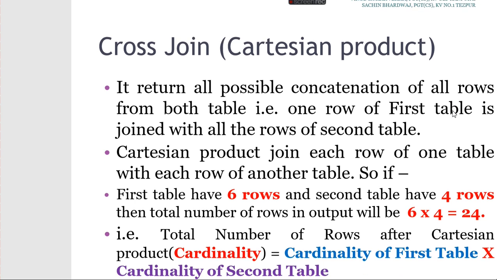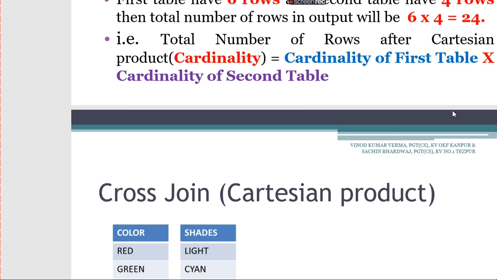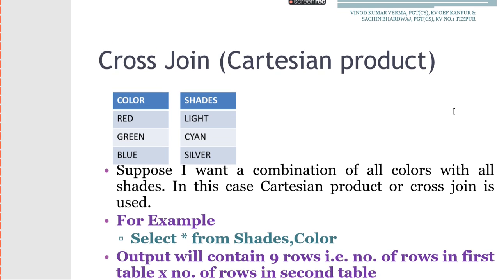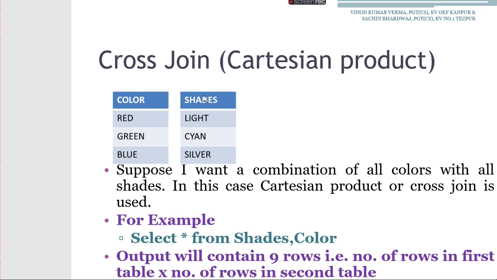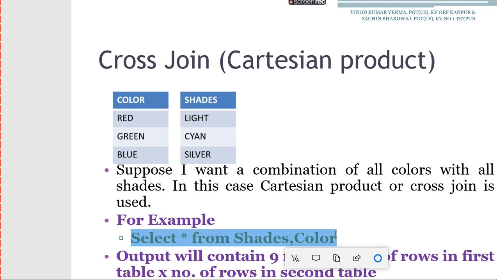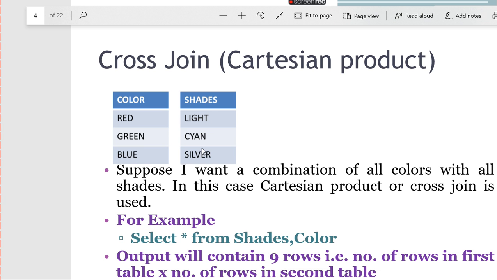For example, if they have given one example, I am also going to show the same thing. There are two tables. One is color, another one is shade. Now, if you want to join both the tables, what should be given? You have to give select star from shades, color. So here the color table is there, the shade table is there.